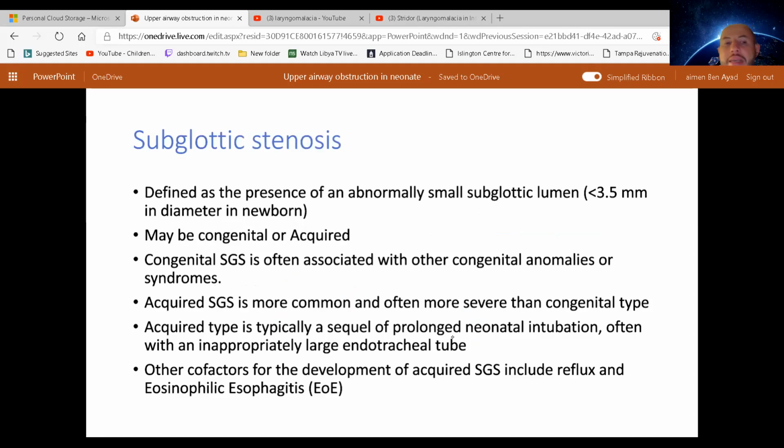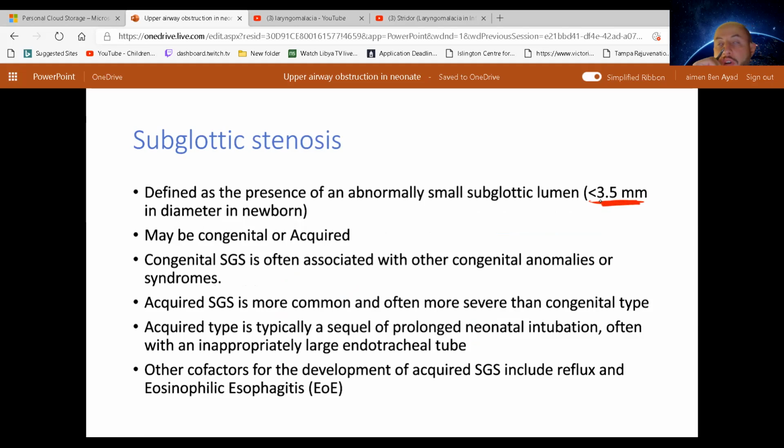Next topic is subglottic stenosis. When you have a subglottic lumen narrower than 3.5 millimeters in the newborn, we call it subglottic stenosis. It can be congenital or acquired. The congenital type is usually shared with other anomalies.